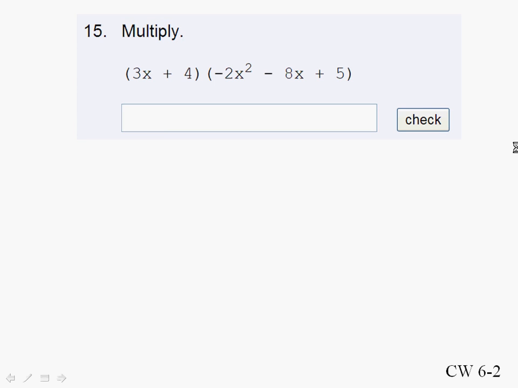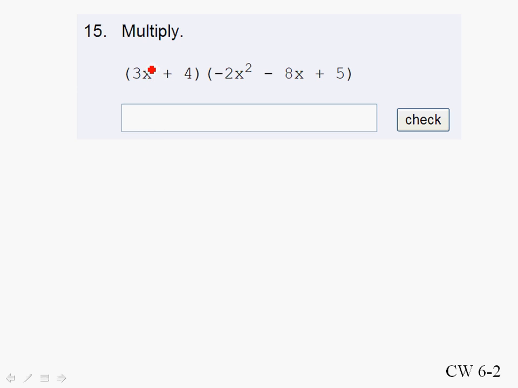For number 15, we're going to multiply a binomial by a trinomial. Again, you can use the long multiplication or the box method. I'm going to do the long multiplication without actually writing it out.